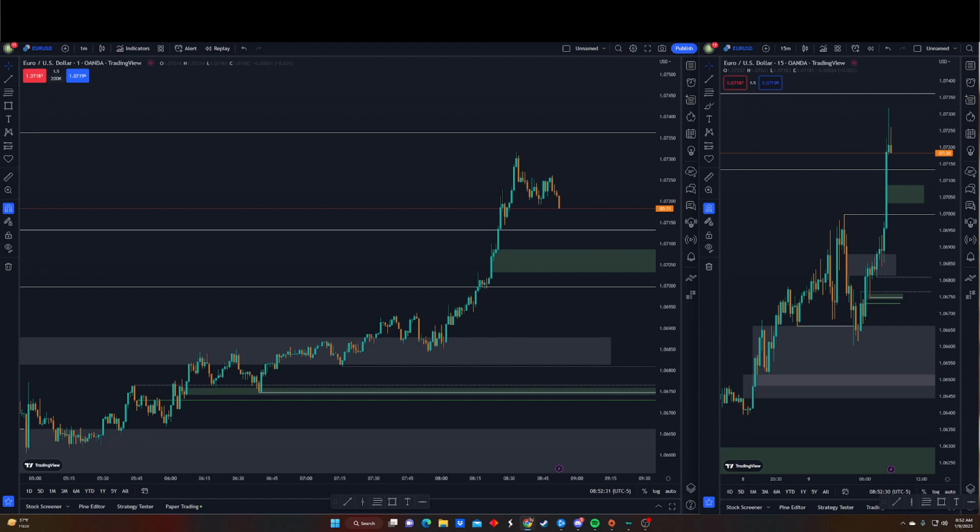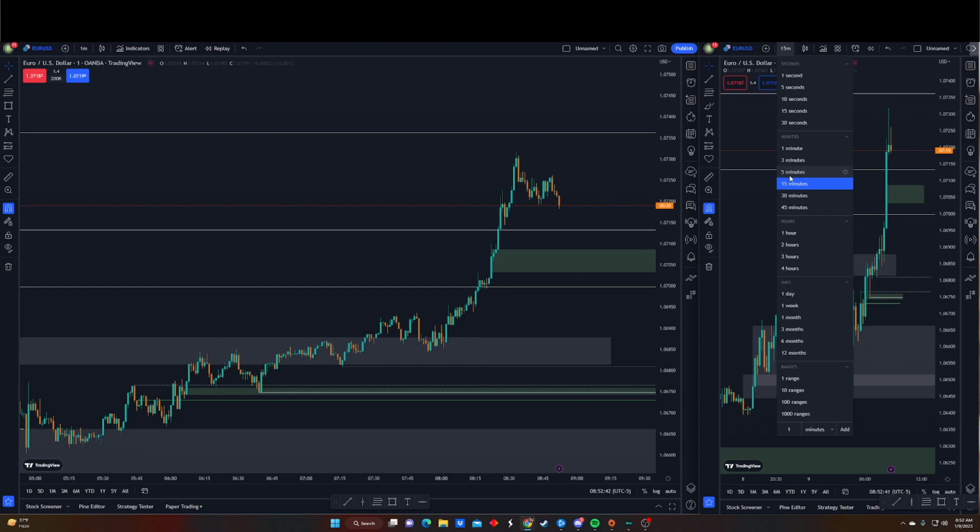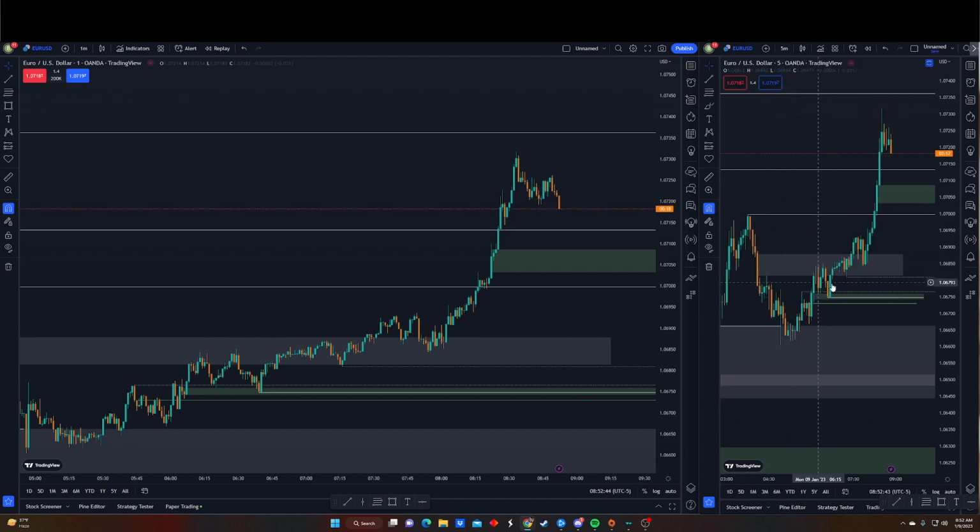All right, so we're moving lower. This could be a breakaway gap. That's the other thing too.